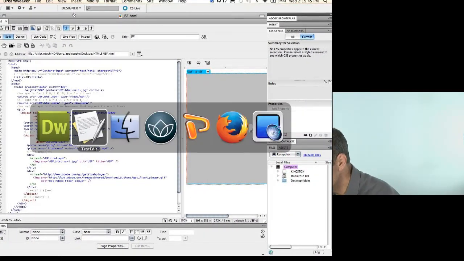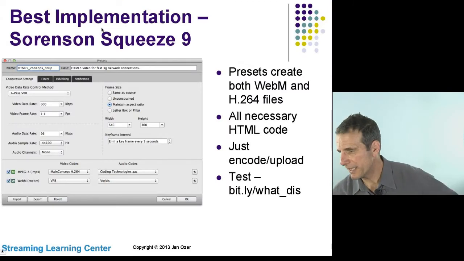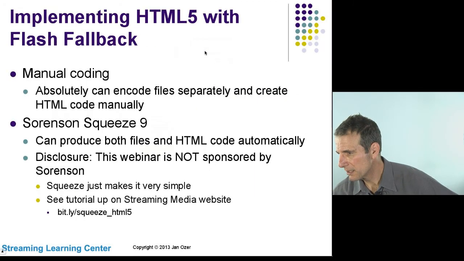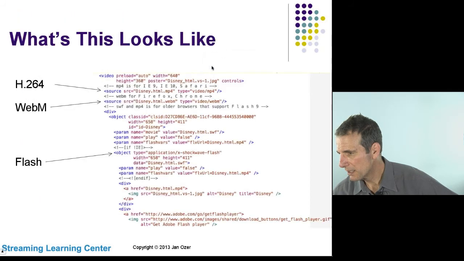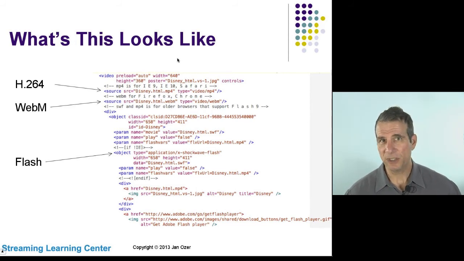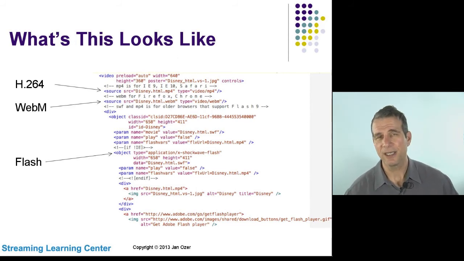Basically the code that we're seeing is the same code that we saw here. Okay, and again, Squeeze is creating all this automatically. Basically, once you encode the file, it's producing the WebM file, it's producing the H.264 file, and it's producing the necessary HTML code to paste into your browser to get the file up on your website.